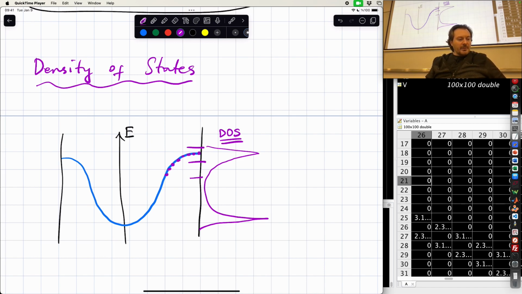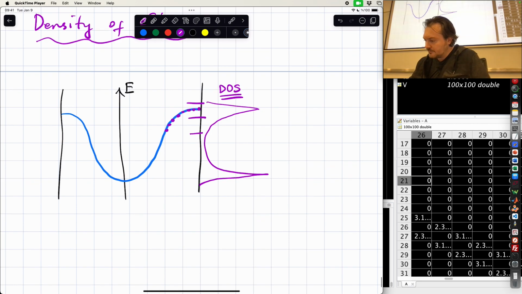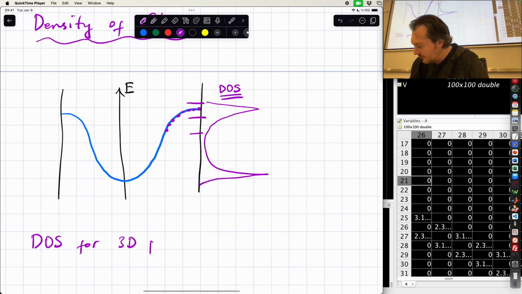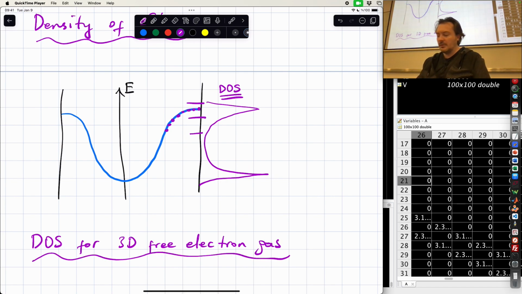But let's do some math. Let's do density of states for 3D free electron gas. Okay, so we have already done this calculation. Most of this part has been done.